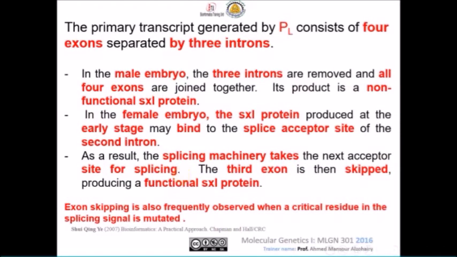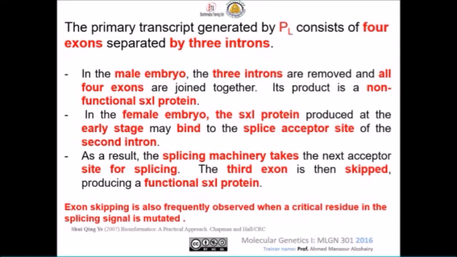The primary transcript generated by PL consists of 4 exons separated by 3 introns. In the male embryo, the 3 introns are removed and all the 4 exons are joined together. Its product is a non-functional protein. But in the female embryo, the SXL protein produced at the early stage may bind to the splice acceptor site of the second intron.